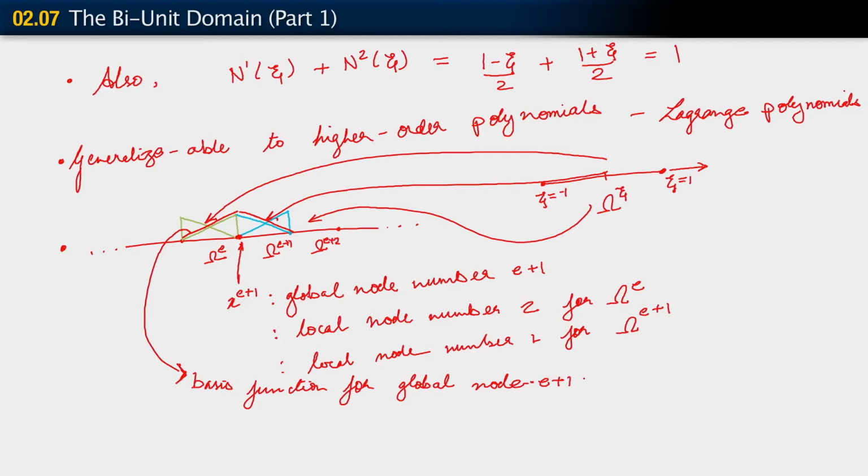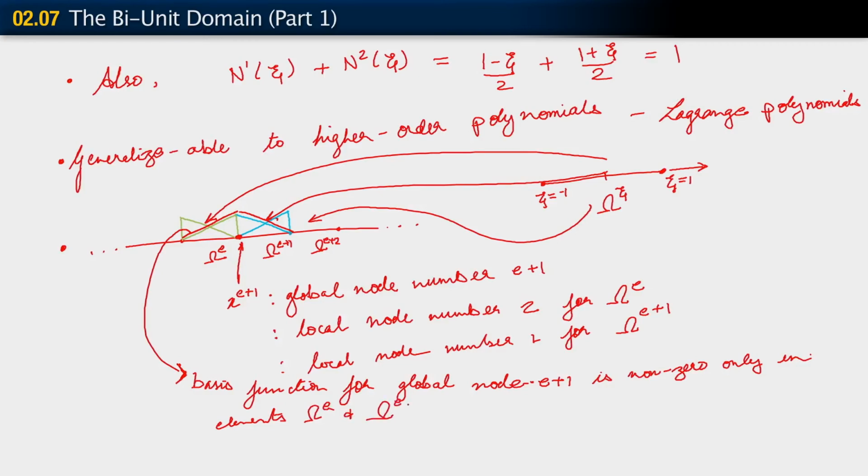Observe that the basis function corresponding to global node E plus 1 has a very local sort of sphere of influence. It is non-zero only on the elements that are immediately adjoining node number E plus 1, global node number E plus 1. Okay, so the basis function for global node E plus 1 is non-zero only in elements omega E and omega E plus 1.